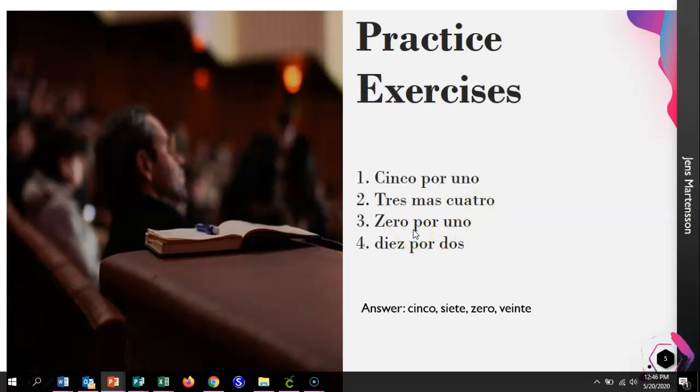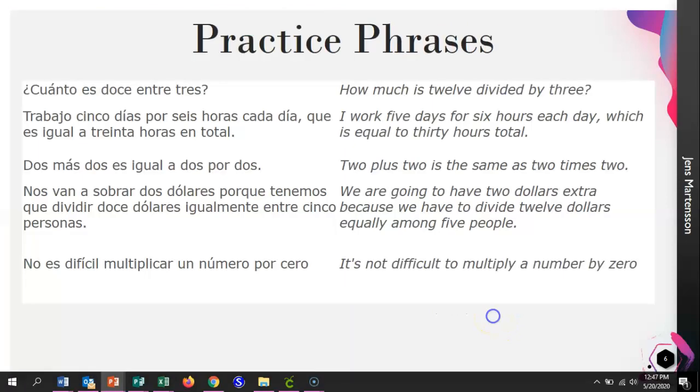Number 3, 0 por 1, which basically reads 0 times 1 is 0. Number 4, you should have gotten 10 por 2, which is 10 times 2 equals 20.